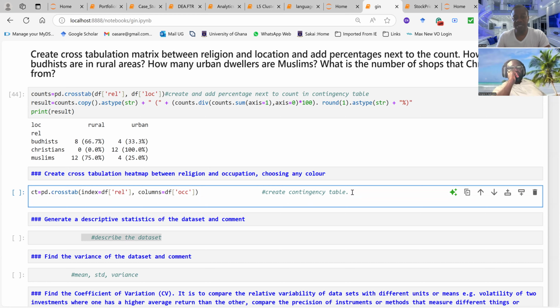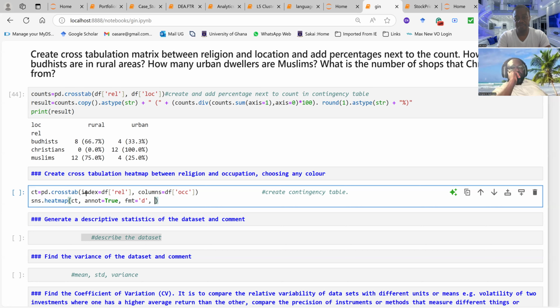Now let's create a heat map of that. You can use Seaborn to do your heat map. So Seaborn is sns.heatmap. It's just something that is nice, just beautiful to do. It's not really part of what I want to do. Let's annotate it as true, and then let's format it with d.